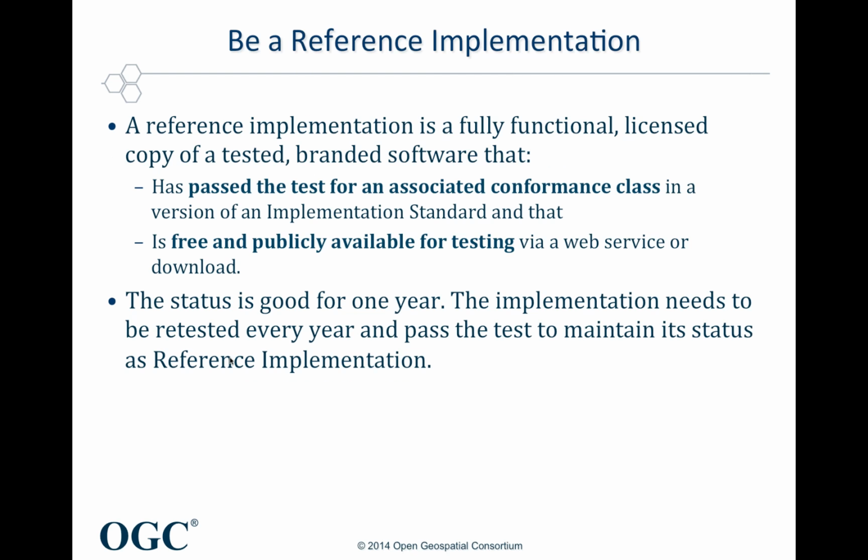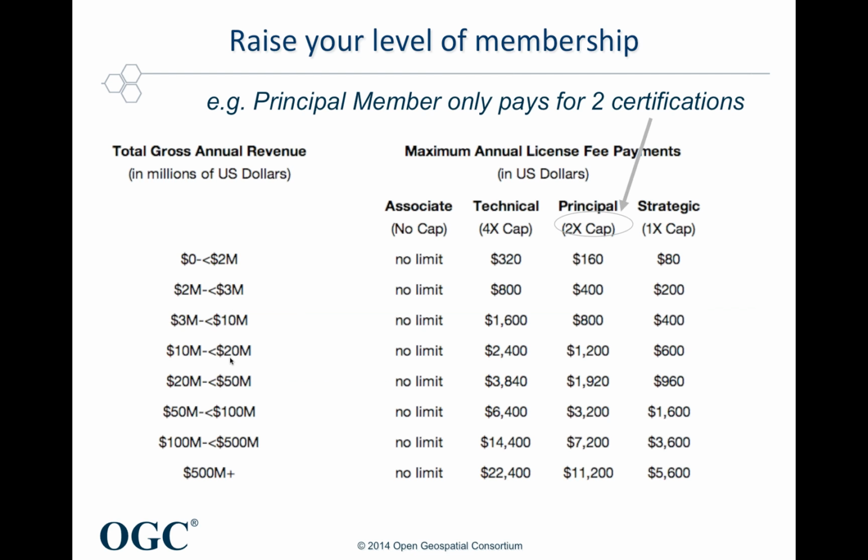Now, another way that you can save license fees: if you are not a member, the fee is going to be higher. If you are an associate member, then you get some discount. But if you get a better OGC membership, like principal or strategic, then at that point you are making a lot of savings.